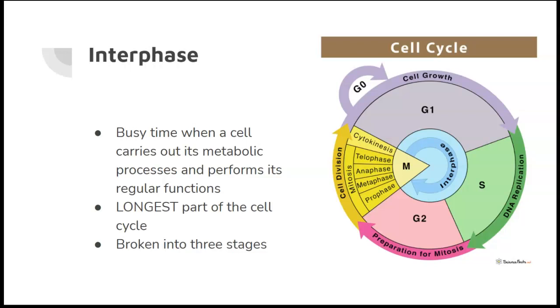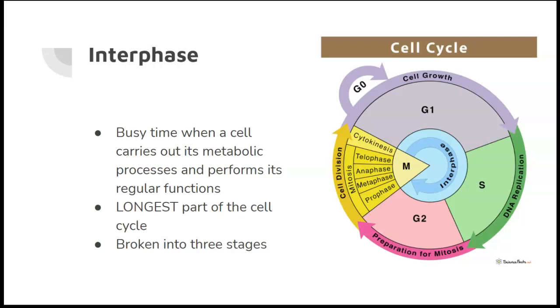They're carrying out a ton of metabolic processes. And we'll talk about what happens in each of those G1, S, and G2 stages. This is also the longest part of the cell cycle. I briefly mentioned that, but cells spend 70–90% of their time in interphase. That's a huge amount of their life in just one phase of the cell cycle.